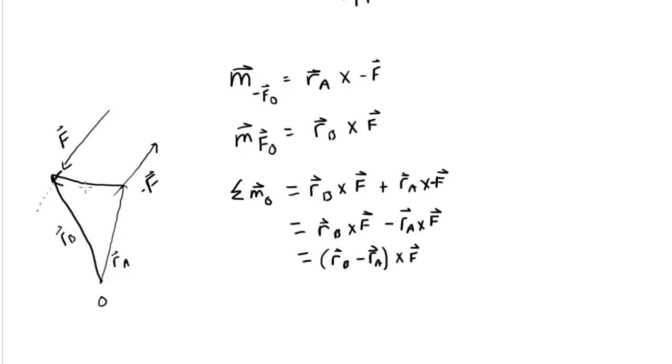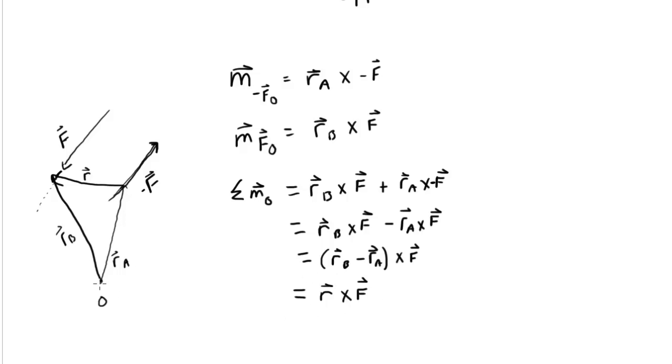RB minus RA is telling me how to do this right here, which we'll call R. So note that this vector R points from the force that we identified as negative towards the force that we identified as positive. And once we see that, we see that the sum of moments is nothing more than R cross F.